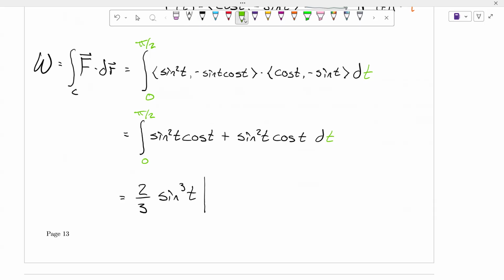And I want to evaluate that from 0 to pi over 2. Which looks like 2/3 times, well, sine of pi over 2 is 1 minus sine of 0, which is 0. So I get 2/3.